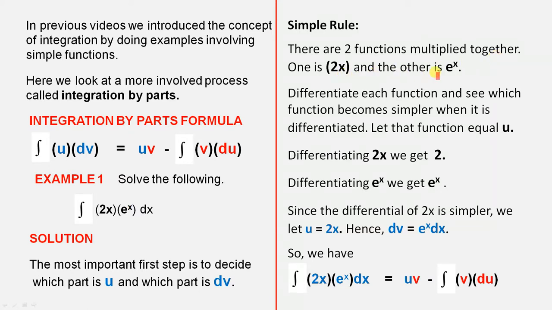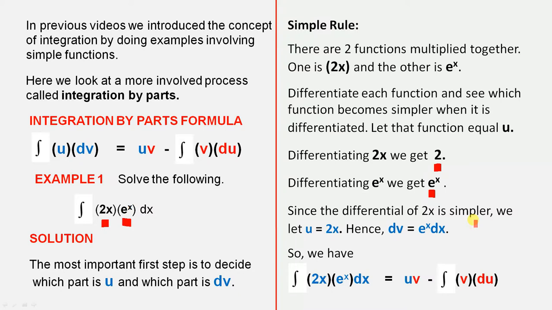One is 2x and the other is e to the x. That's quite easy to see. Differentiate each function and see which function becomes simpler when it is differentiated. Let that function equal u. So let's differentiate 2x, that gives us 2. Let's differentiate e to the x, that gives us e to the x.